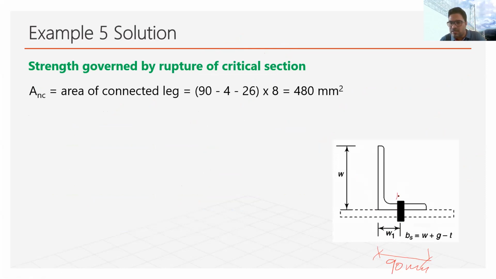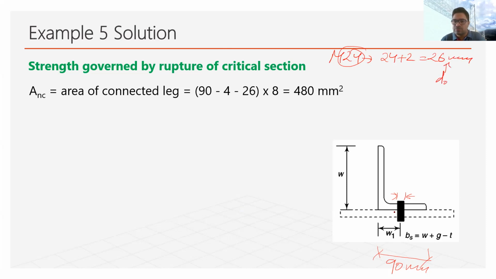Well, this is the dia of hole. Because we are using an M24 bolt, which means 24 is the dia of bolt, the hole dia will be 24 plus 2, which will be 26 mm.